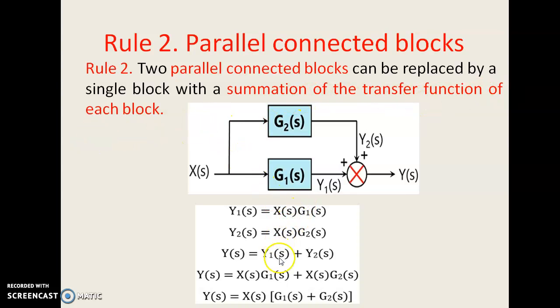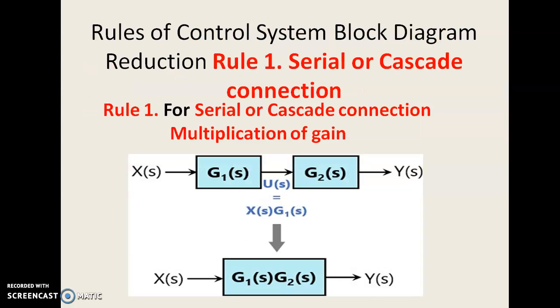So here we are adding the gains, G1(s) plus G2(s). In the case of parallel connection, there is addition of the gain. In the case of series connection, there is a multiplication of gain.